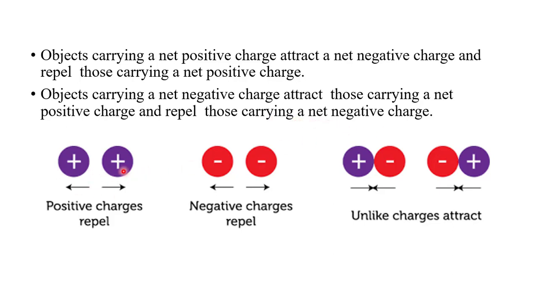You can observe here, these are two positive charges and these are two negative charges, and both pairs are repelling each other. Here, unlike charges are present, plus-minus and minus-plus, so they are attracting each other. Unlike charges attract each other and like charges repel each other.